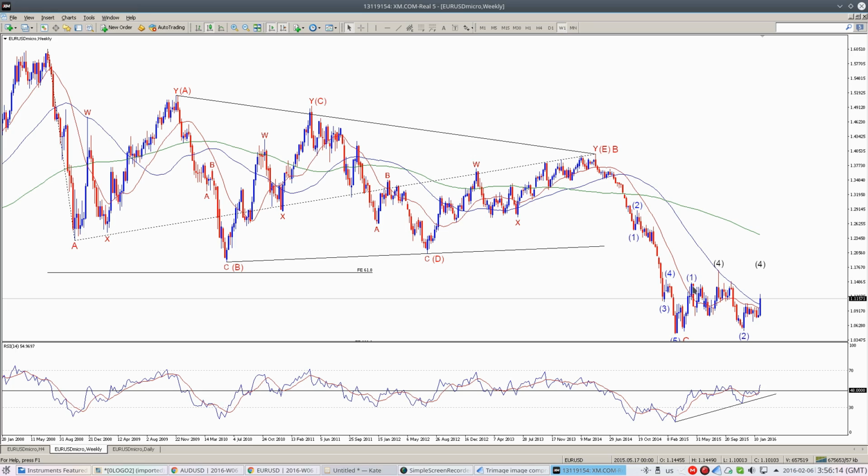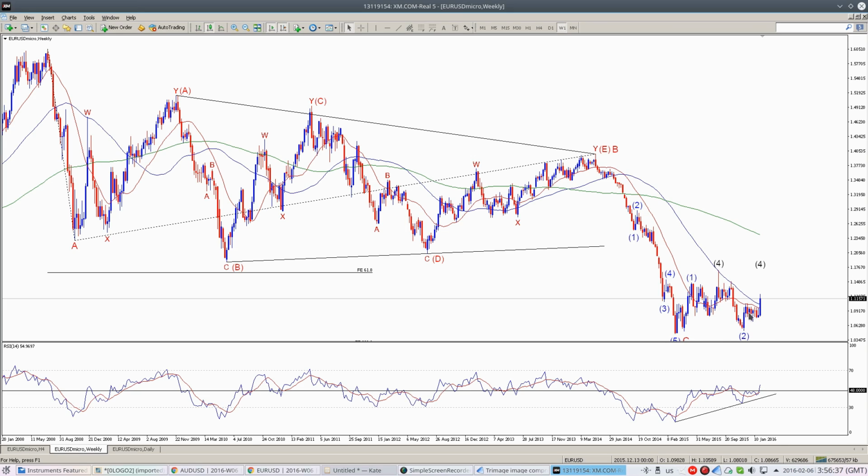They did it here for the 21 week SMA. After several attempts, they finally broke above it, and they reached the 55 week SMA. They were rejected twice, and they moved back below until they were rejected around these levels again.